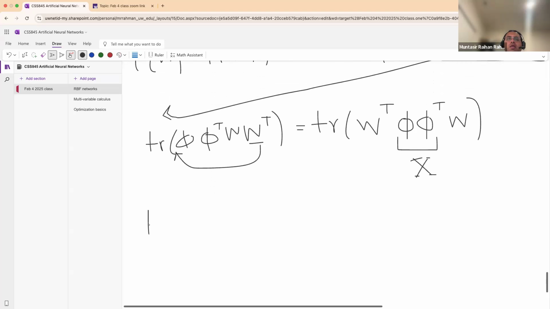So now my function is trace of W transpose Y minus 2 times trace of.